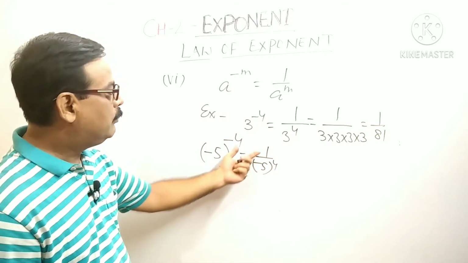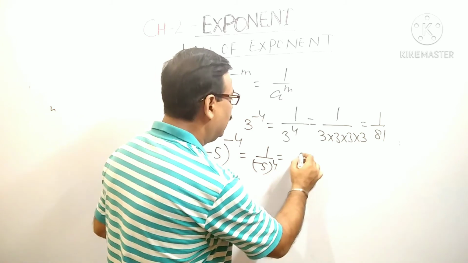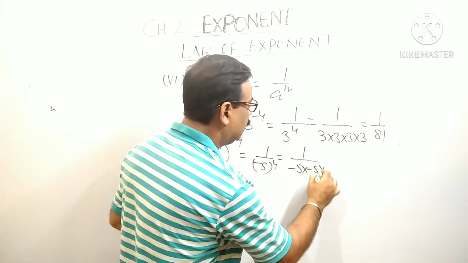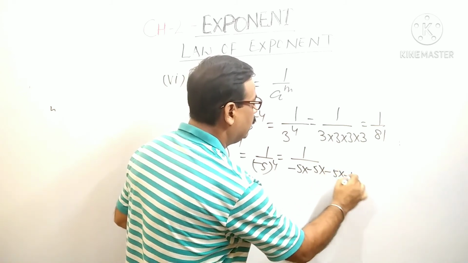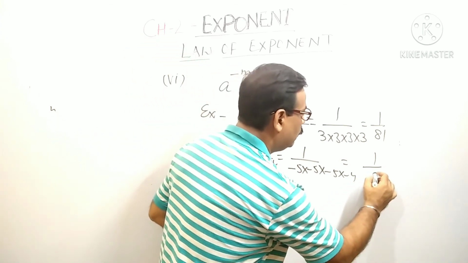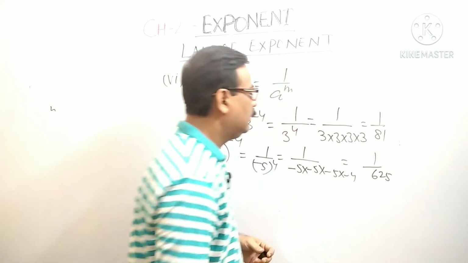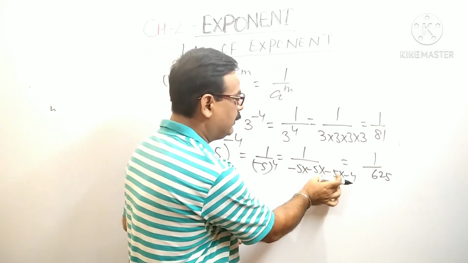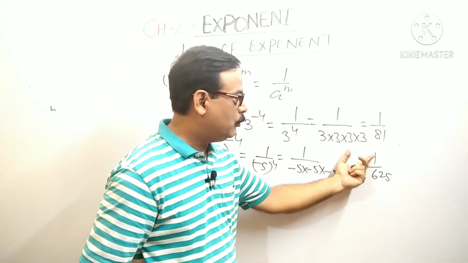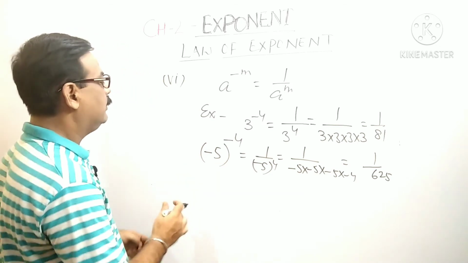So we can write this number as 1 by minus 5 to the power 4, and the value is 1 by minus 5 multiplied 4 times. The value is 1 by 625, because with 4 negative signs we can convert into a positive sign. So we write 1 by 625. This is the right value of this rational number.